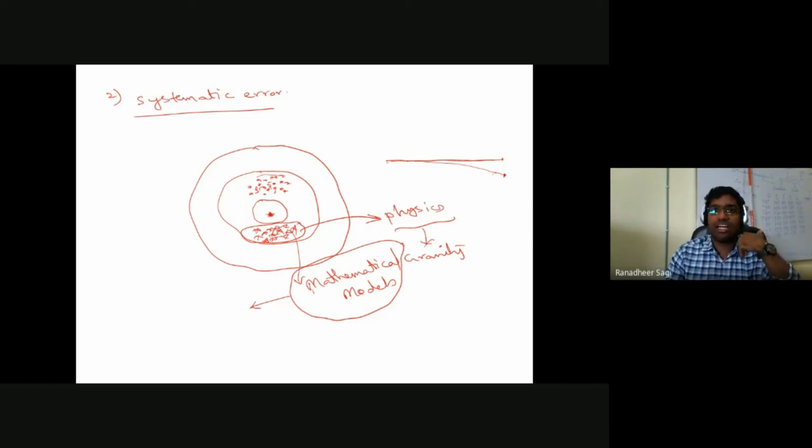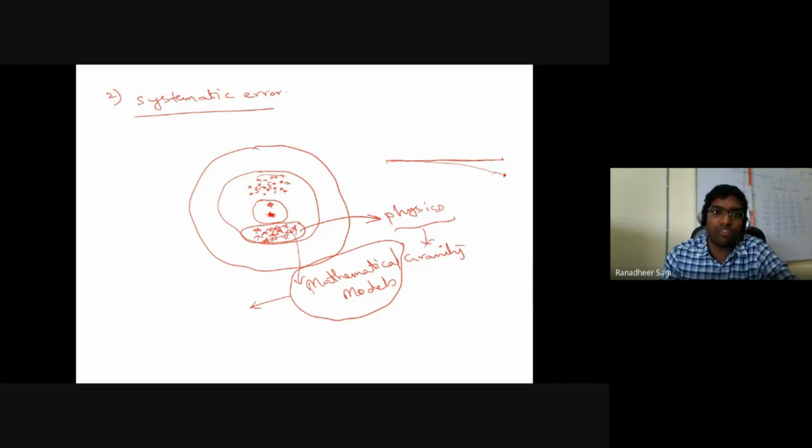Like if I understand the law of gravity, then I can say, okay, due to the effect of the law of gravity, your bullet is not exactly traveling in the horizontal path or perfect straight path, rather it is taking some curved path. So if I understand that particular law of gravity, then what I'll try to do next is, instead of focusing exactly on this target, I'll try to focus somewhere here.